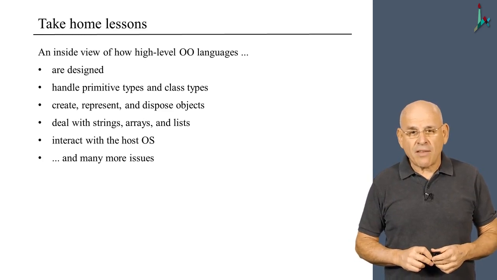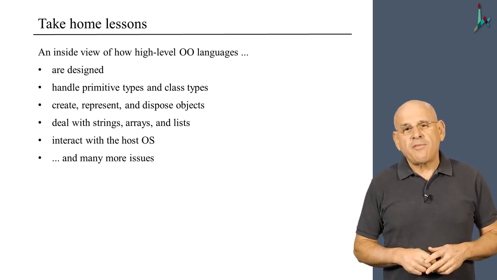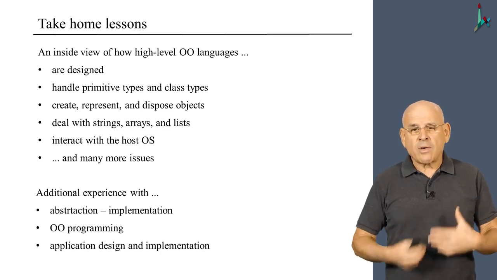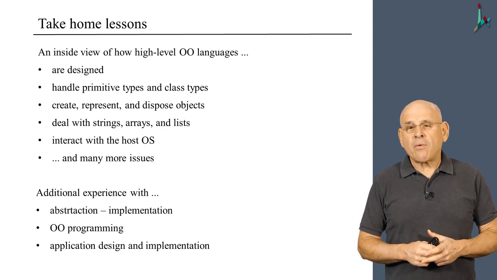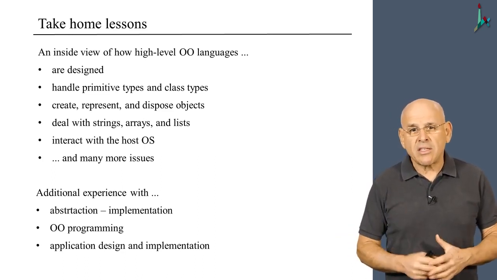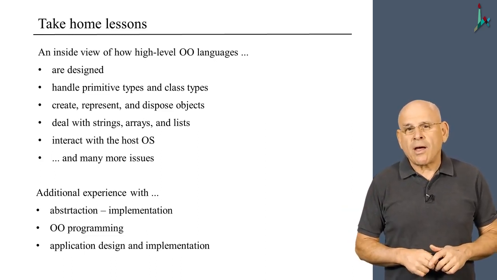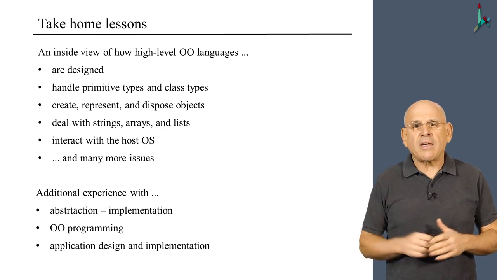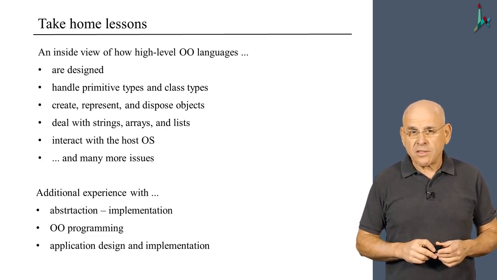In addition, you will continue to develop your programming skills. We'll write a non-trivial program using the Jack language. And we will continue to discuss this super important abstraction implementation principle, which sort of is threaded throughout the Nand to Tetris courses.